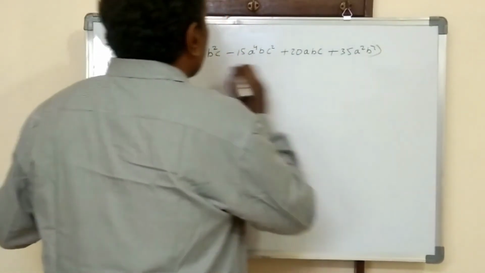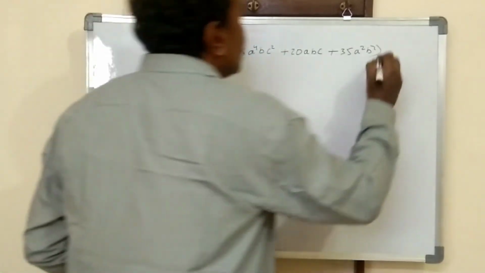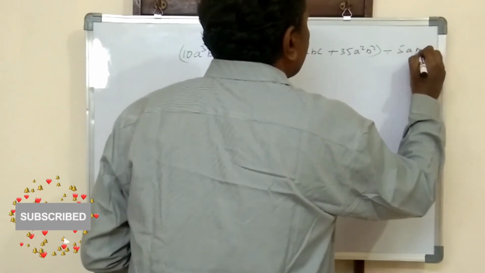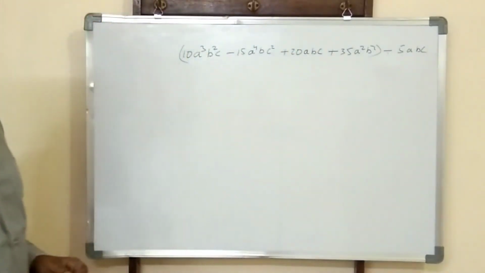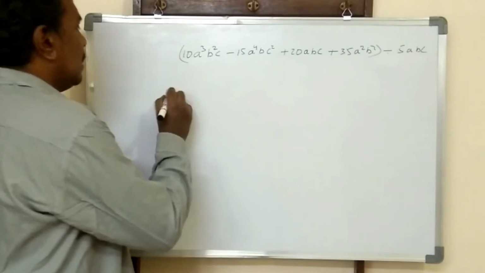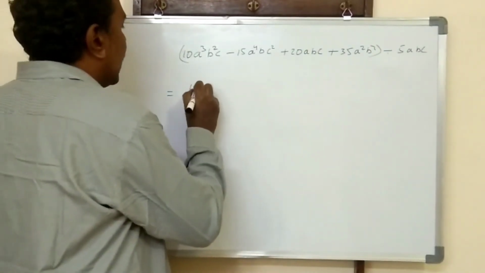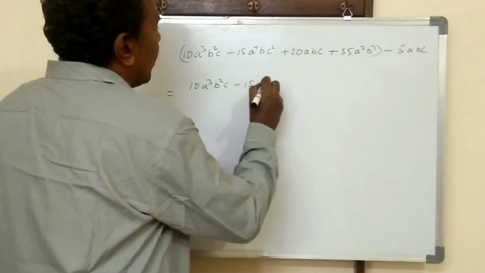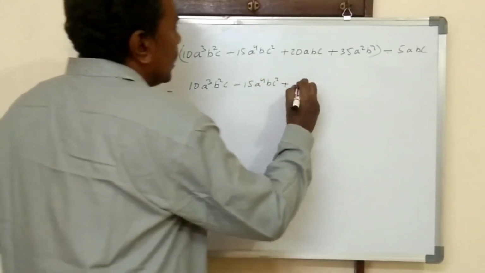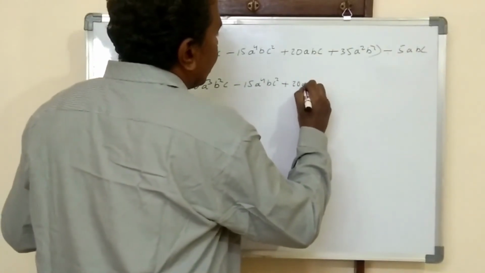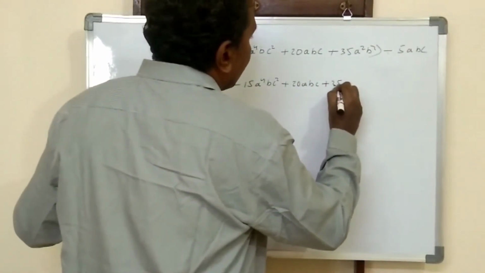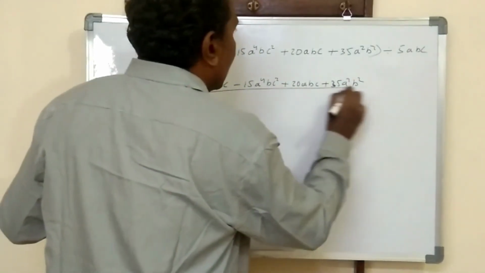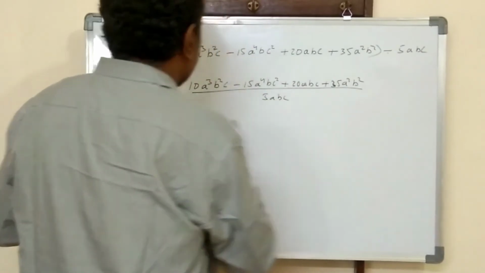This polynomial contains 4 terms and is divided with 5abc. As usual, 10a cube b square c minus 15a power 4 bc square plus 20abc plus 35a square b square is divided with 5abc.